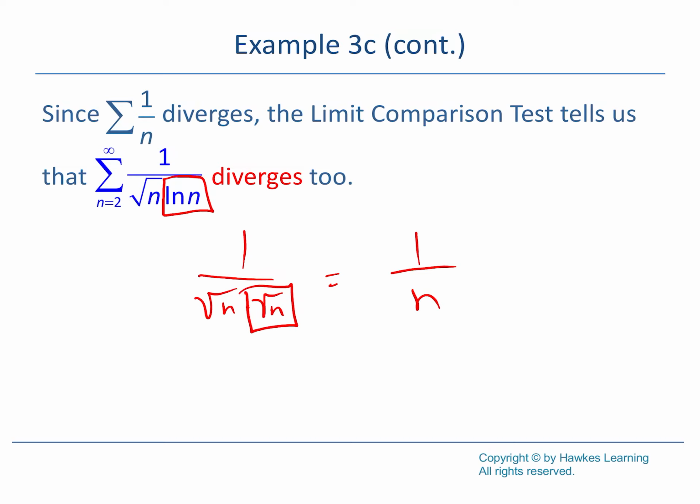And ln of n actually grows even slower than the square root of n. And so this product is going to be somewhere in between this divergent p series and the harmonic series.